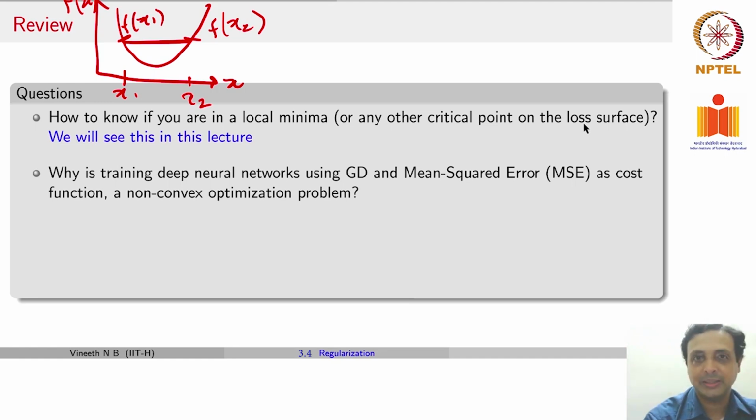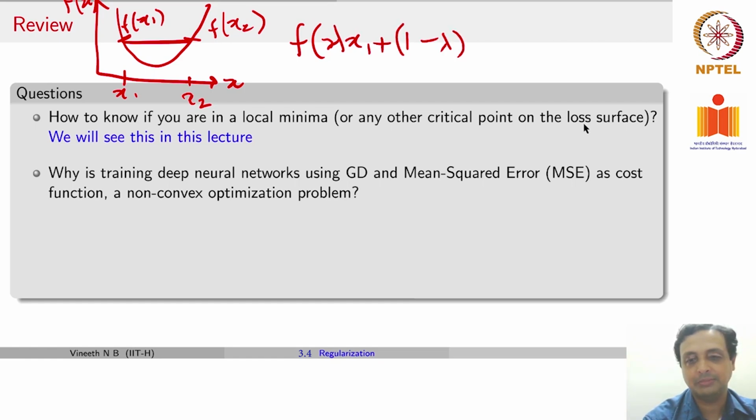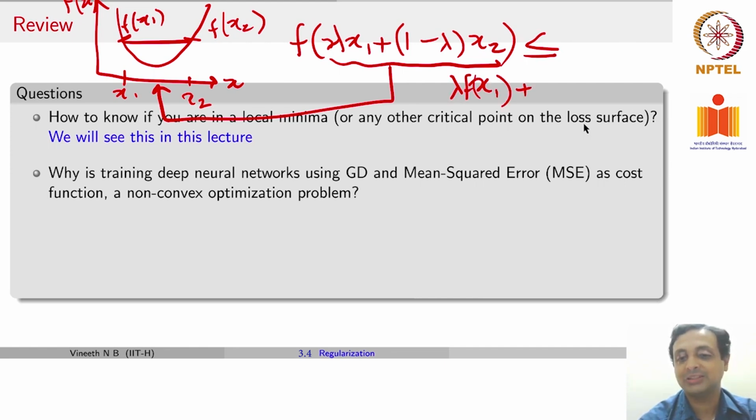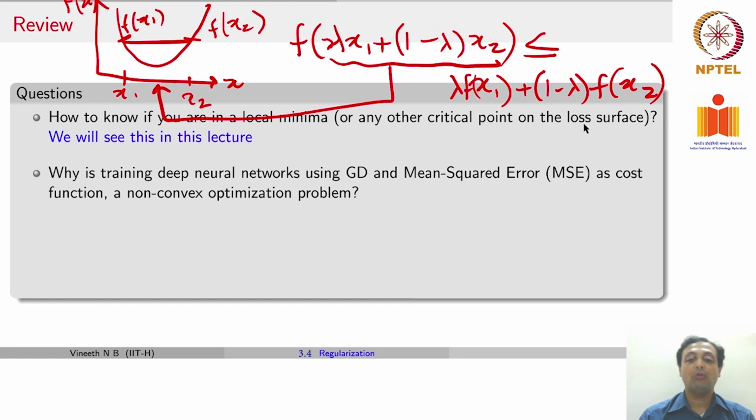Mathematically, f of lambda x1 plus 1 minus lambda x2, which is any point lying between x1 and x2, will always be less than or equal to lambda f of x1 plus 1 minus lambda f of x2. That's the definition of a convex function.